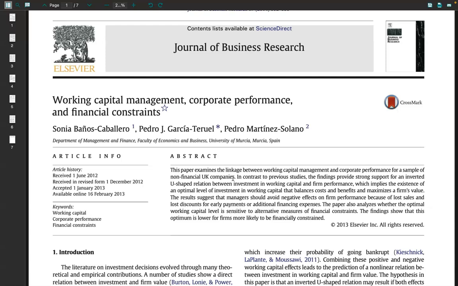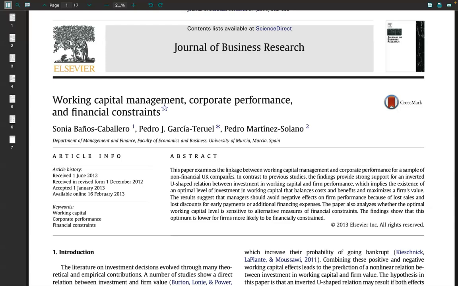In contrast to previous studies, the findings provide strong support for an inverted U-shaped relation between investment in working capital and firm performance, which implies the existence of an optimal level of investment in working capital that balances the costs and benefits and maximizes firm value.